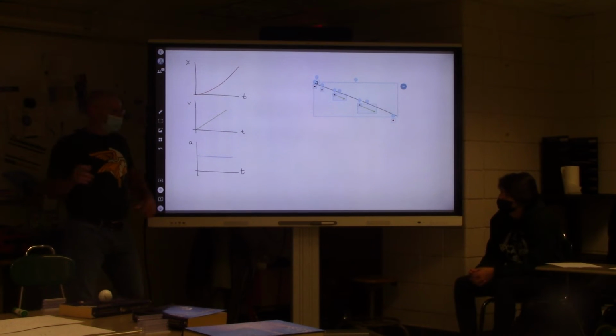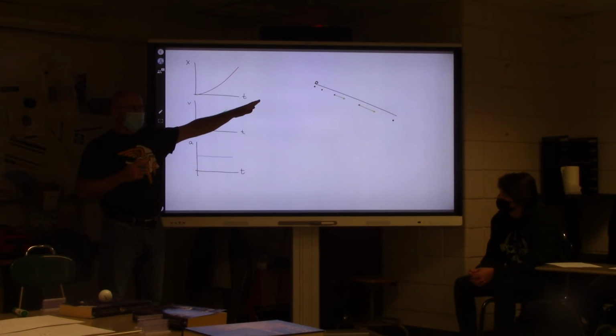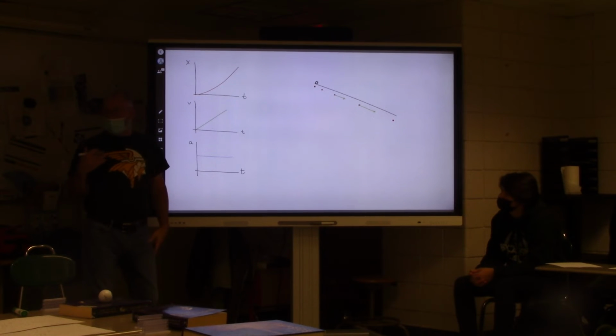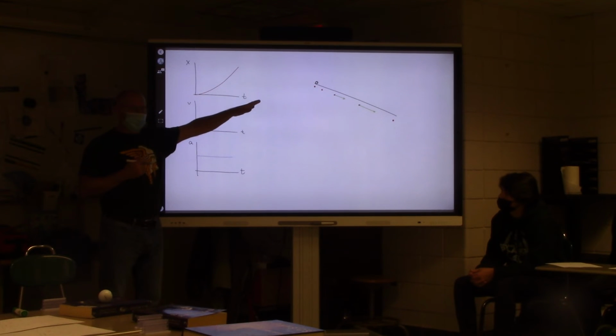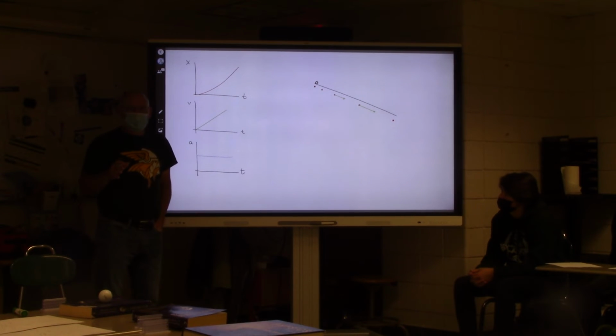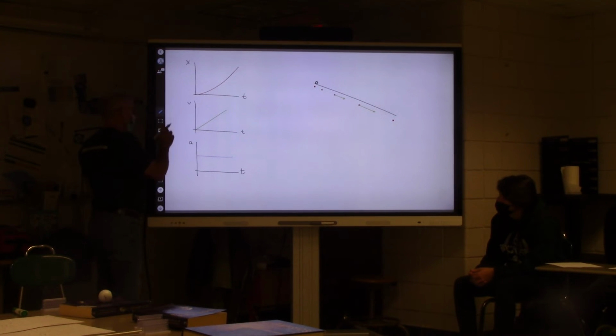Is that cool? Now, here's the deal. We have this up here, yes? Is acceleration part of this? Would you say the ball was accelerating? Yeah. I would. Which means you have to now, on your motion map, include acceleration arrows. So there's one set of dots and two sets of arrows.